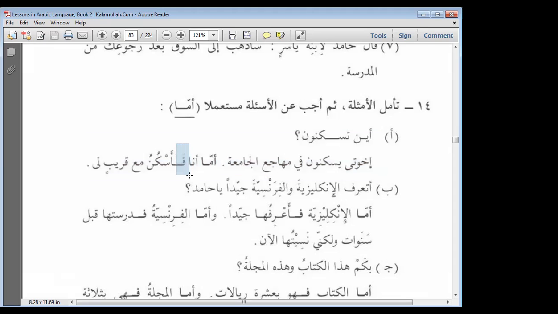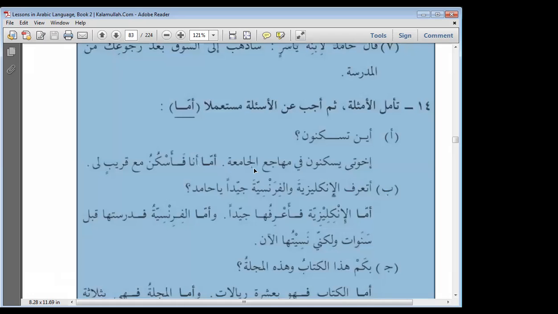Amma ana fa, amma huwa fa, amma hadha fa. So this amma means 'and as for', so in this context it is 'and as for me, so I'. Therefore you have to put the fa together with the amma. Is that clear?